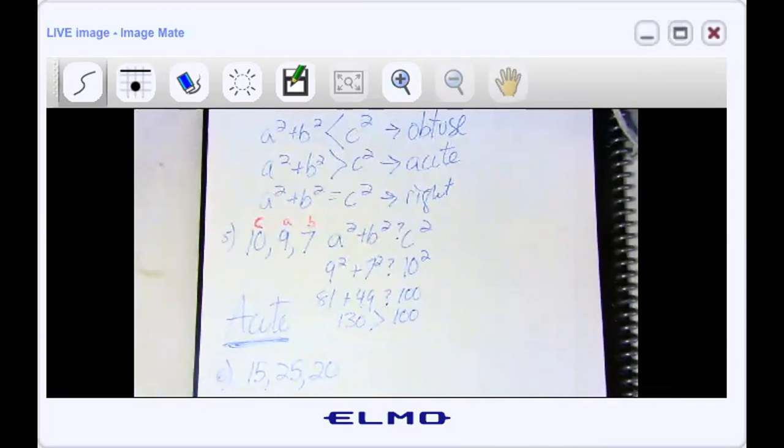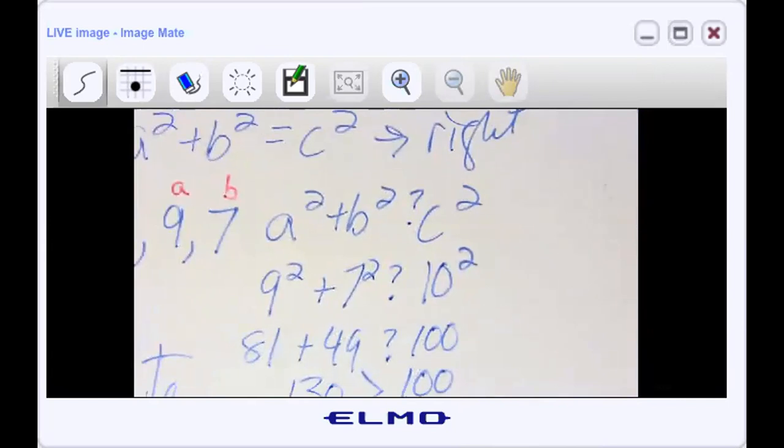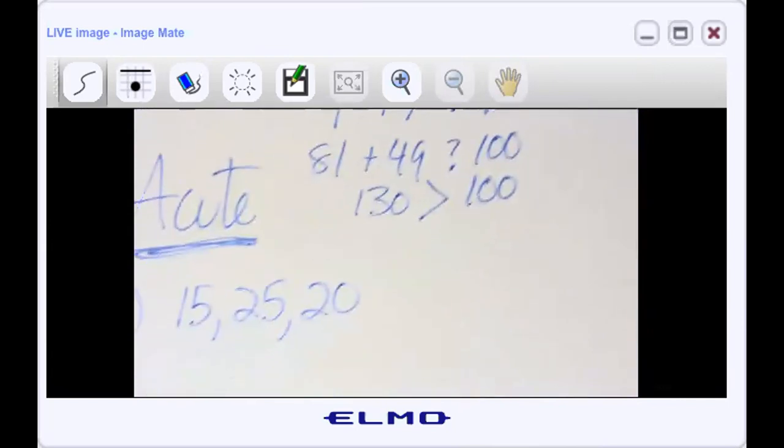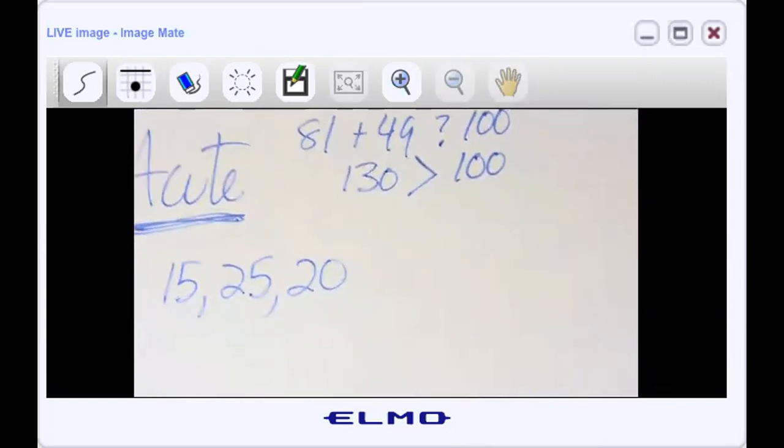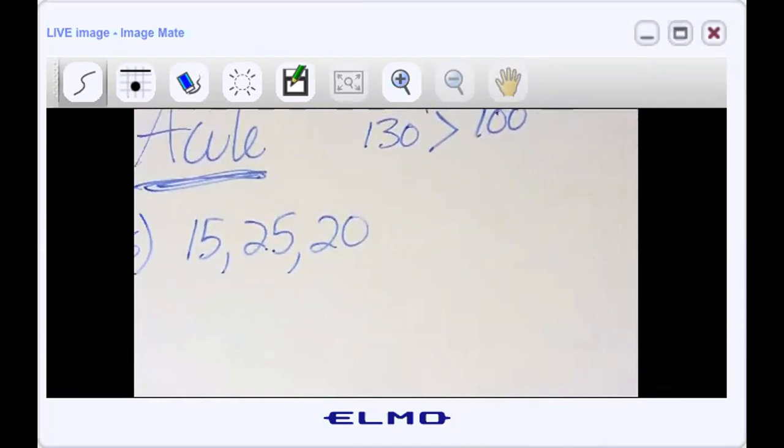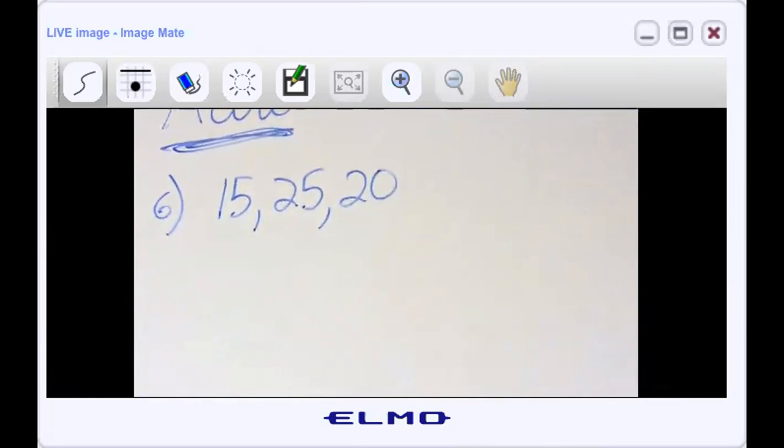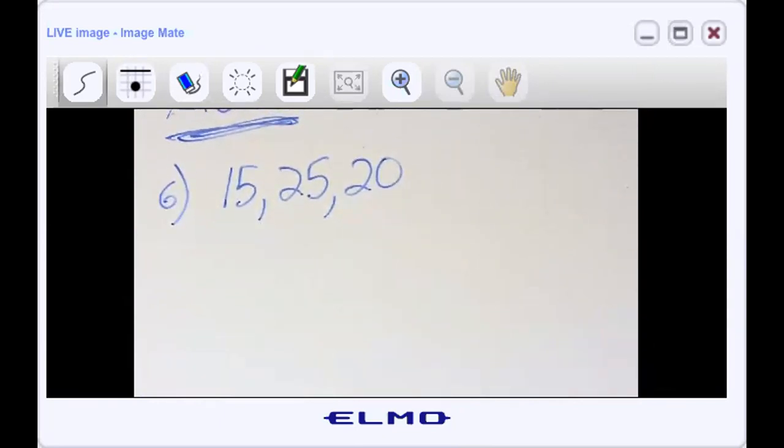All right, so I'm going to zoom in so you can see these. You should have your chart already. I have one answer in the chat for 15, 25, 20. Anybody else want to put in an answer before we try it?